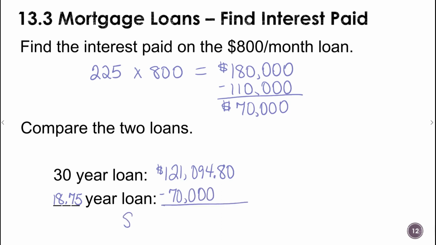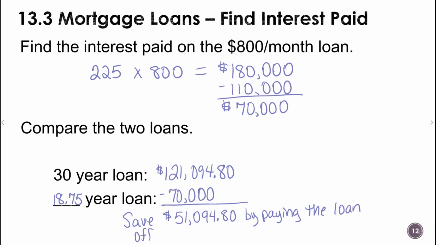And so we're going to save this much, $51,094.80 by paying the loan off in 11 years. Now, I don't know about you, but I'm thinking that there's some other things I would like to do with $51,000. I'm pretty sure you could come up with something also.